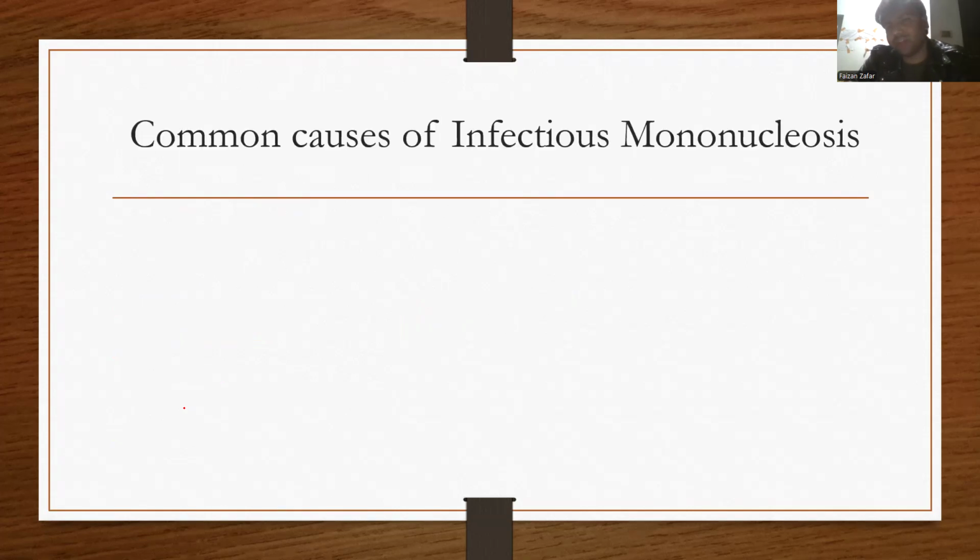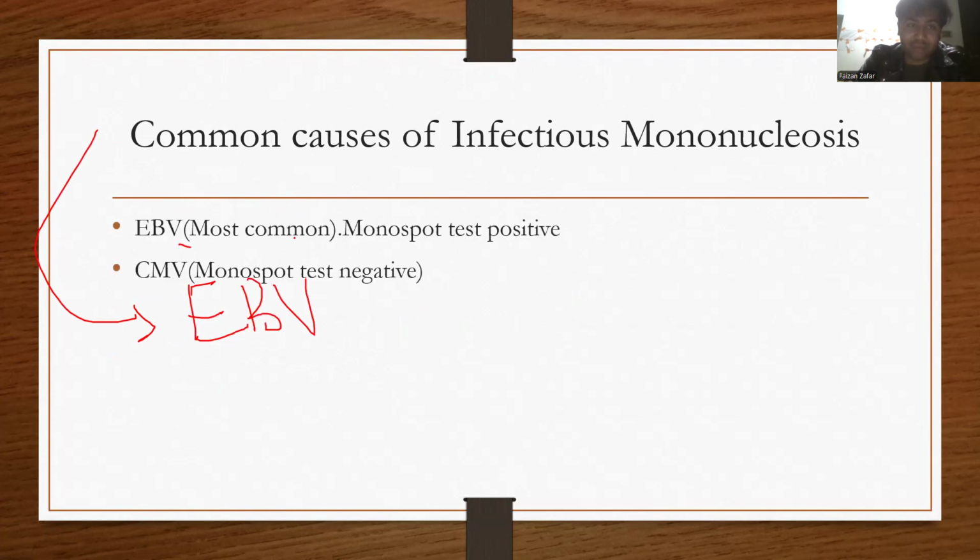Common cause of infectious mononucleosis. This is very important. Epstein-Barr virus is the most common cause, and the monospot test is positive in Epstein-Barr virus. It is a heterophile antibody test.